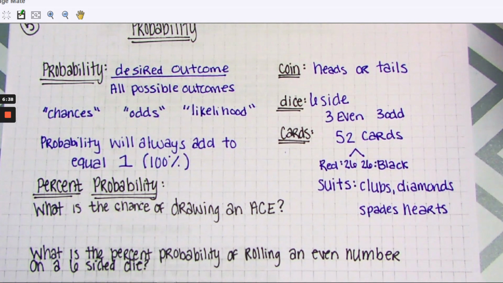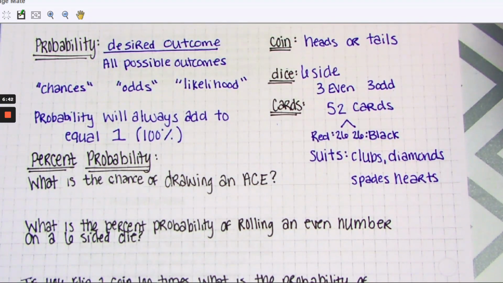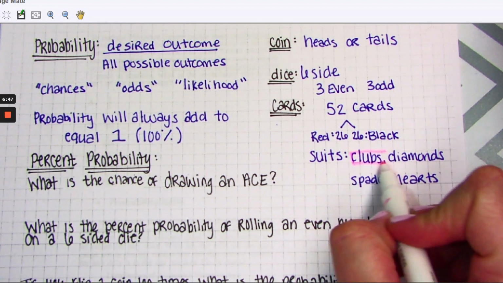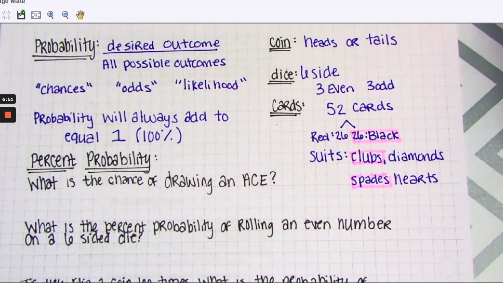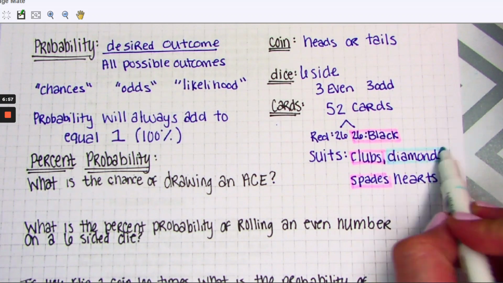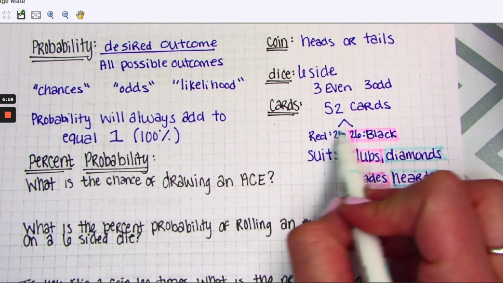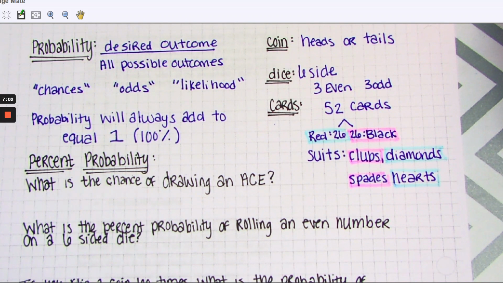So there are 4 types of suits: the clubs and the spades. So clubs and spades, those are black cards. The clubs and spades are black cards. The diamonds and the hearts, those are red cards. Again, they just expect you to just have all this knowledge memorized.